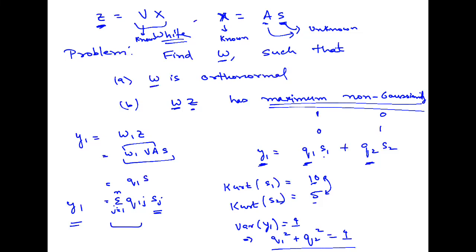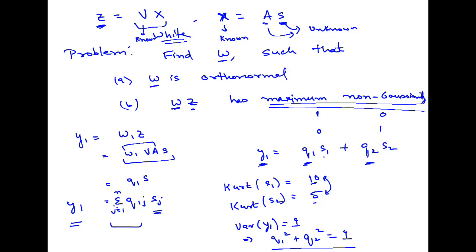Then you subtract W1's component from Z, and find W2 such that the new signal is also orthogonal, independent of the first signal. With that constraint you maximize the non-Gaussianity.